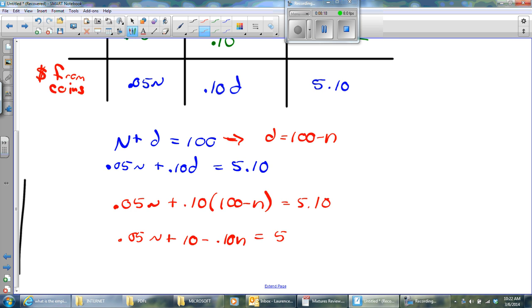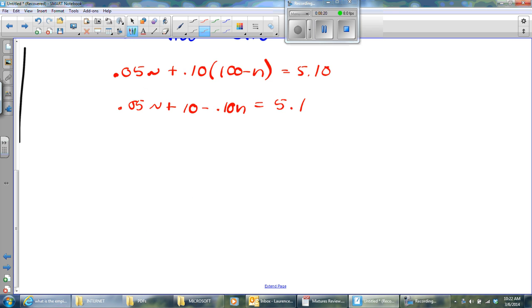That equals 5.1. Combining like terms, I'm going to add negative 0.05n plus 10, and that'll equal 5.1.